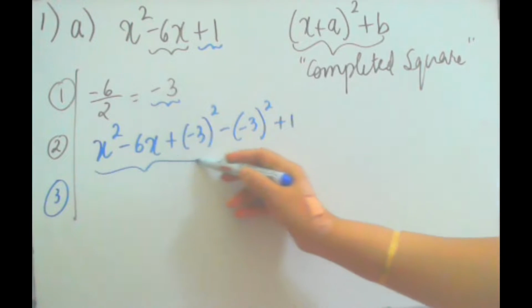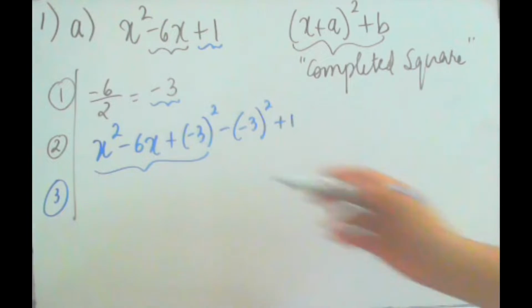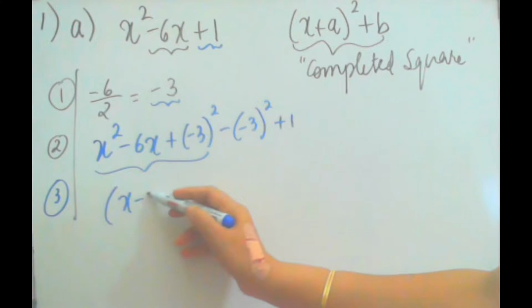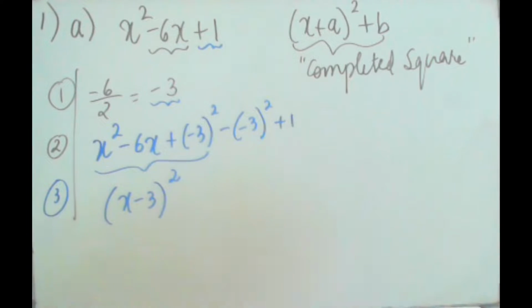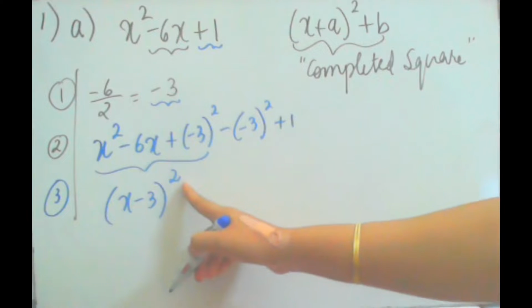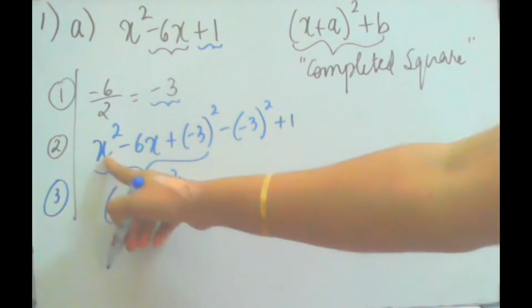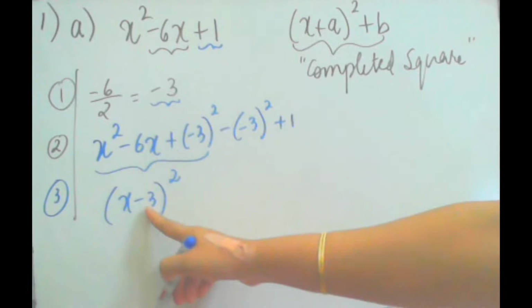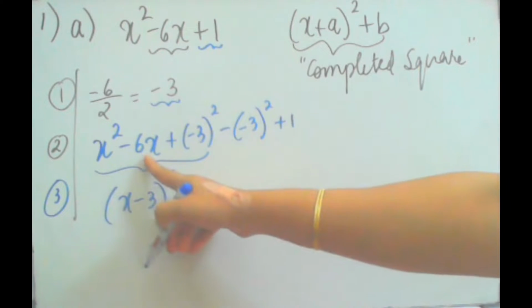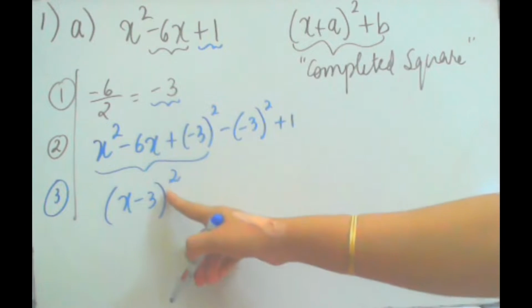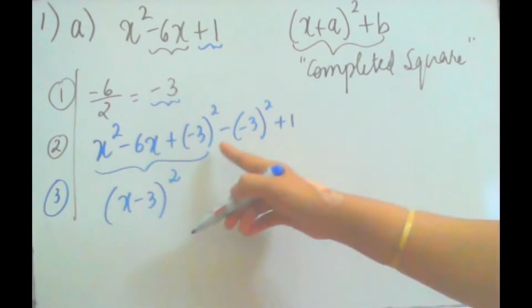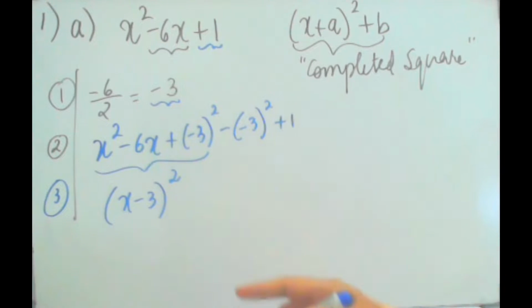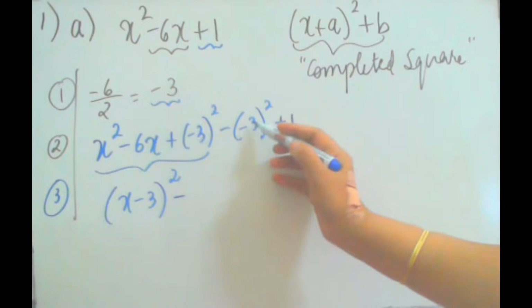Now step 3, if you observe the first 3 terms here, it is nothing but (x − 3)². What was (a − b)² in algebra? It was a² + b² − 2ab, which is this term. Alright, so we got one bracket whole square. Now we will simplify the rest of the constants here.